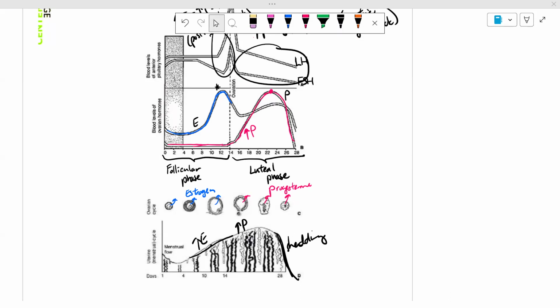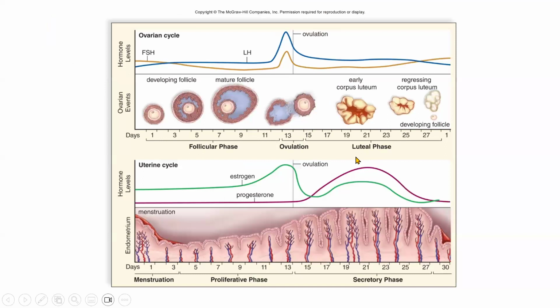So let's go back to PowerPoint for a second here. This is just another picture that shows the same information.